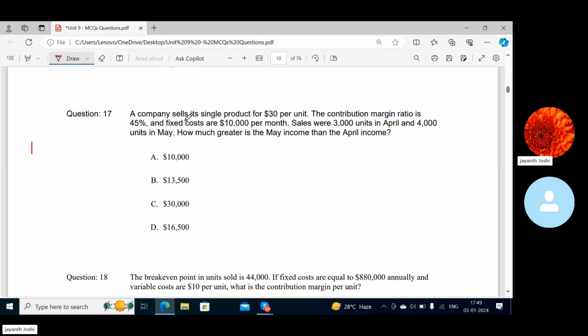Company sells its single product for $30 per unit. The contribution margin ratio is given as 45%. So contribution margin ratio, selling price, fixed cost.